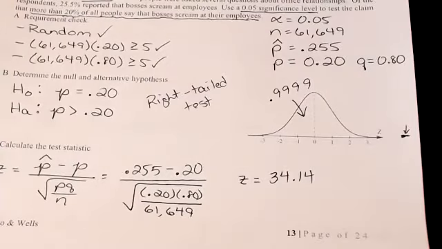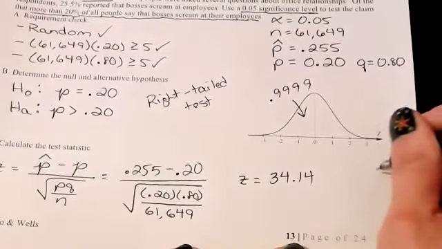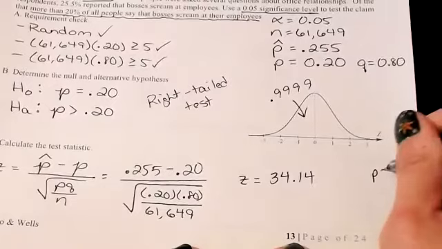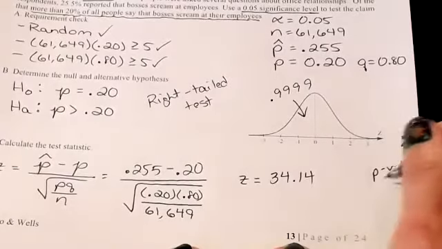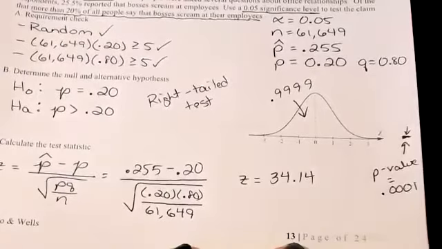What we want to consider is the area to the right, above. So we're going to do 1 minus 0.9999, which implies that the probability here, that p-value, is going to be equal to 0.0001.